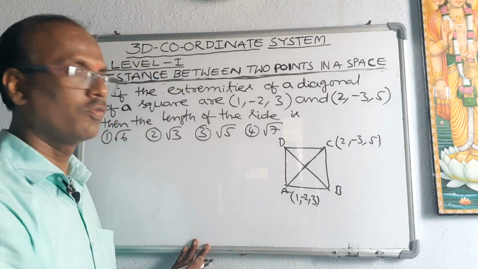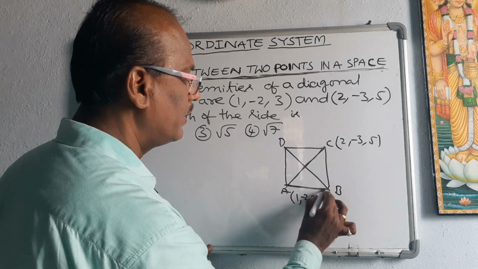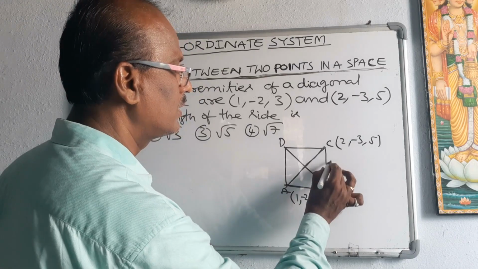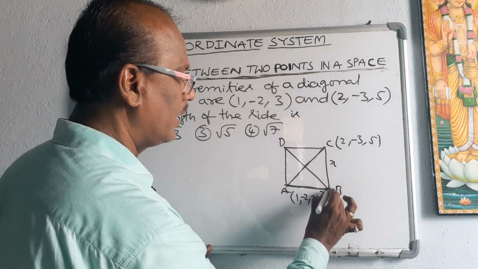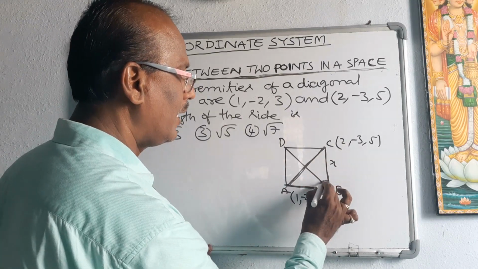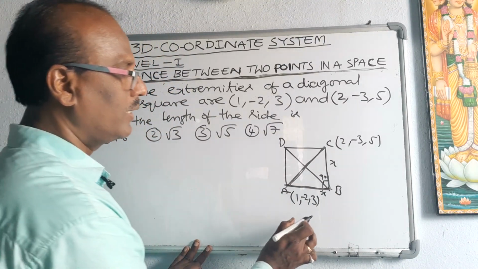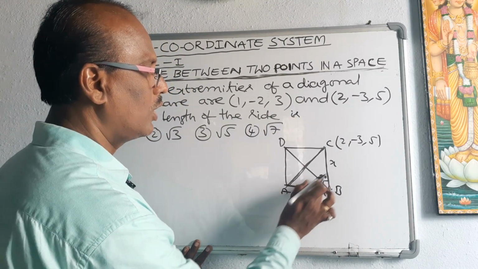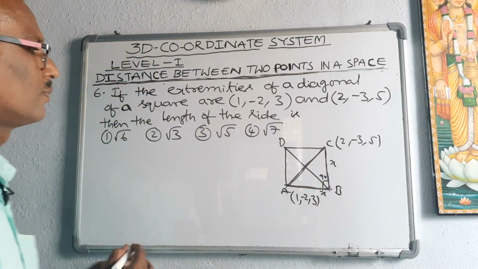In a square, four sides are equal. Here the length of side AB is x units. This length is also x units. Here this triangle ABC is a right angle triangle. To apply the Pythagoras theorem: side square plus side square is equal to hypotenuse square.